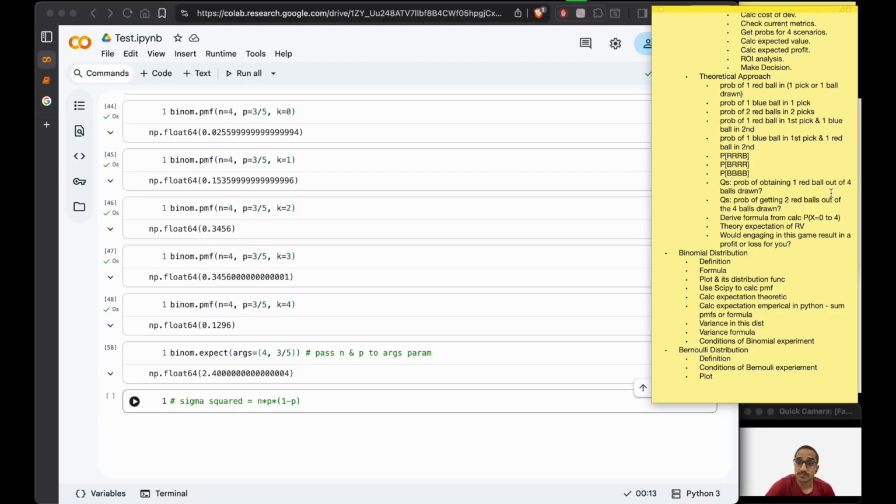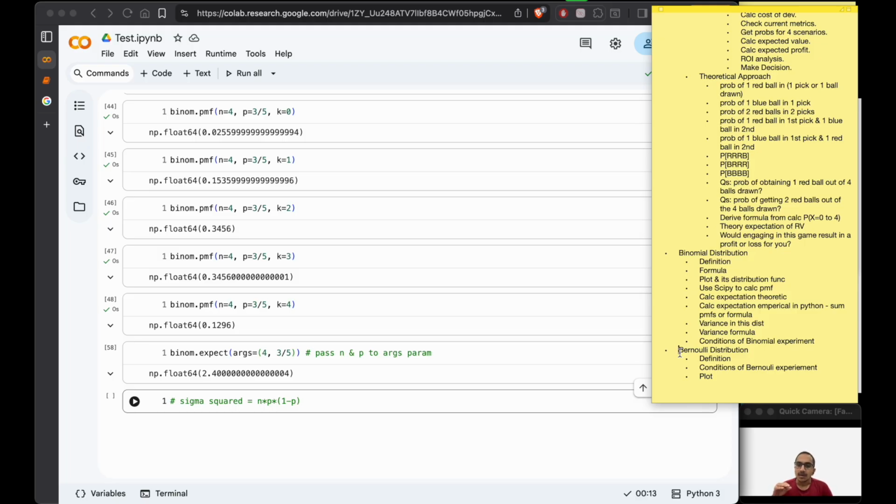Now we'll look at the Bernoulli distribution. Bernoulli is pretty straightforward. Bernoulli is just a special case of binomial distribution where the number of trials is equal to just 1.